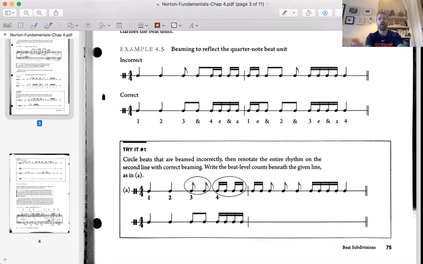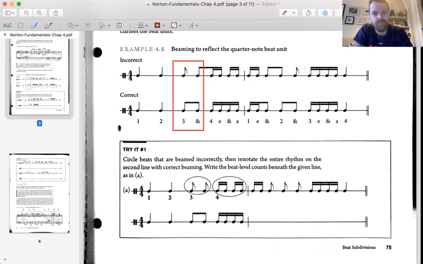So what is the problem if this shows you example 4.5, incorrect on the top and then correct right below it? What is it that's making one correct and one incorrect? Well, let's look right here. So both 1, 2, 1, 2, 3, and this is wrong up here.